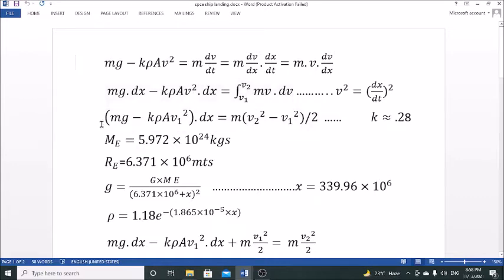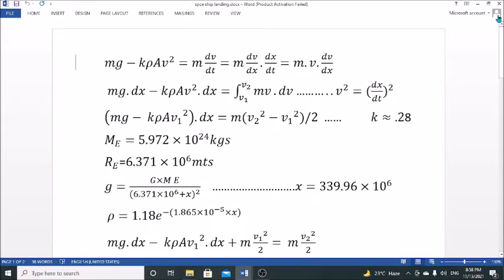And taking the third step for our equation, mg, taking the x common from mg minus k rho a v square dx equals m v2 square minus v1 square over 2, bearing in consideration that k is about 0.28 in our case.